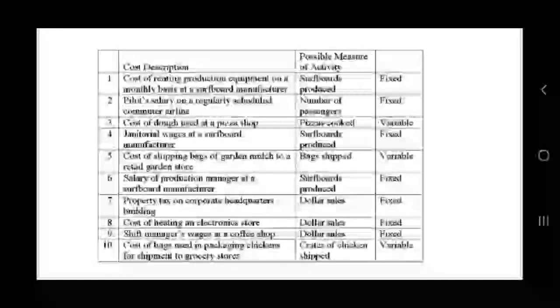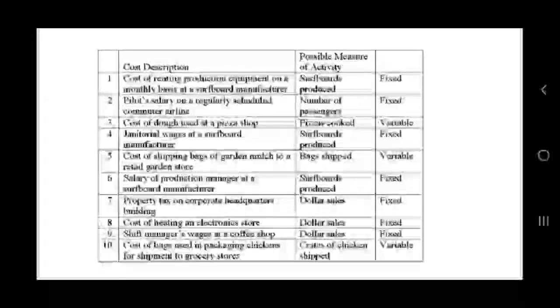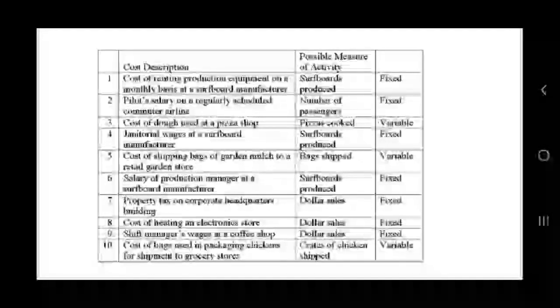Okay, let's see the cost description. Number 1, cost of renting production equipment on a monthly basis at a surfboard manufacturer. The first thing that you have to know is the definition of fixed cost and variable cost. Remember, a fixed cost is a cost that will not change even though the quantity or activity of production is changing.